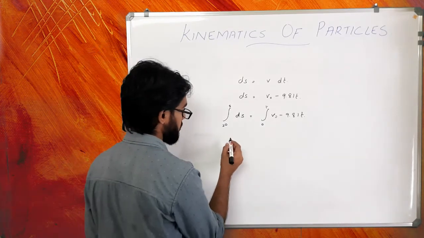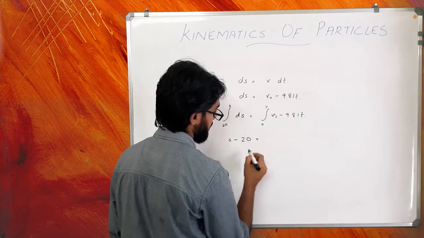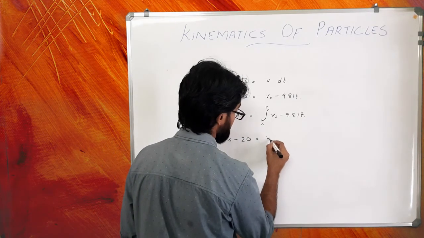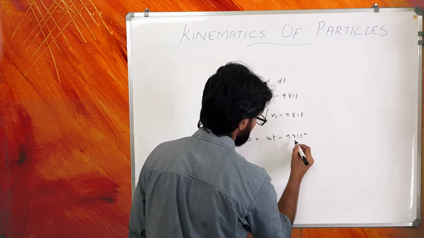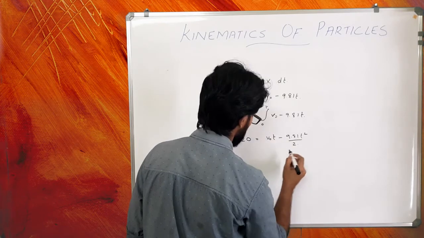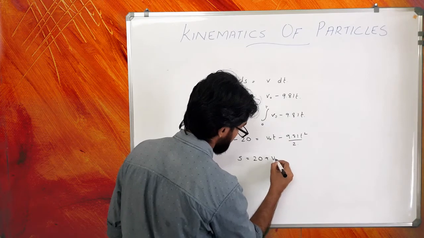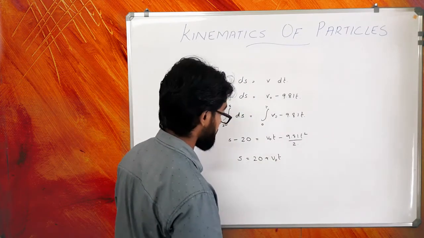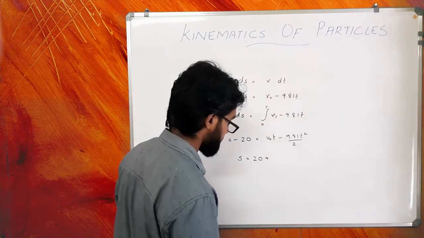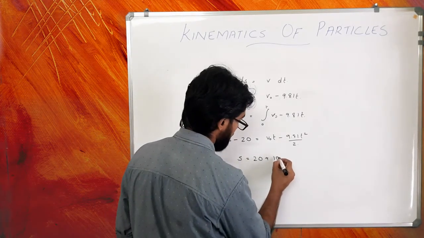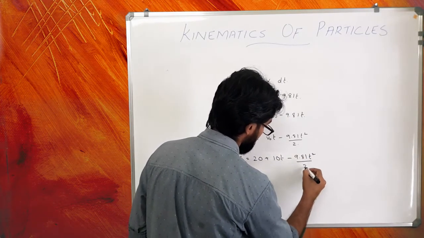Now this will give you s minus 20 equals v0 t minus 9.81 t square by 2, or I can get s equals 20 plus v0 t. Now v0 is actually 10 meter per second, so I substitute here 10 t minus 9.81 t square by 2.